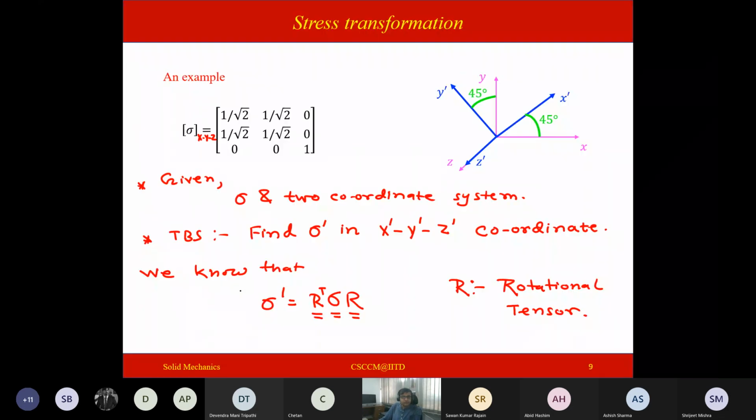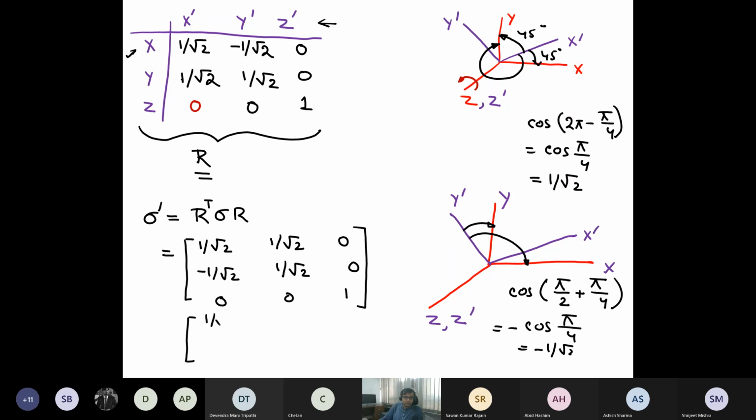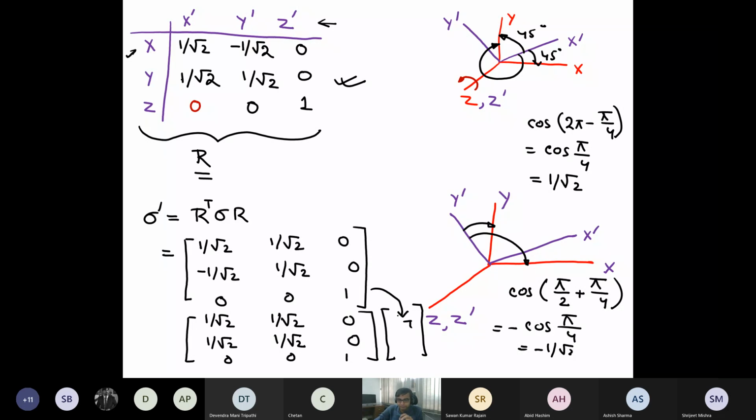Sigma is what? 1 by root 2, 1 by root 2, 0, 1 by root 2, 1 by root 2, 0, and then 0, 0, 1. And then you have your R, which is equal to this one. I'm not writing it again, but this will come here in transpose form. So now we need to do this calculation.